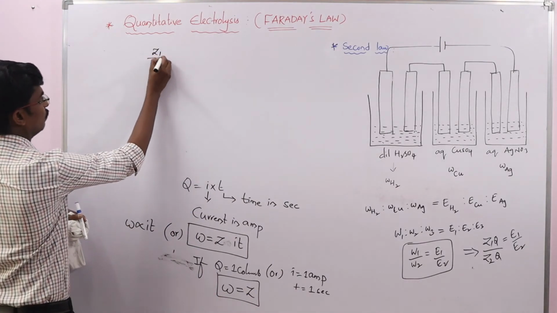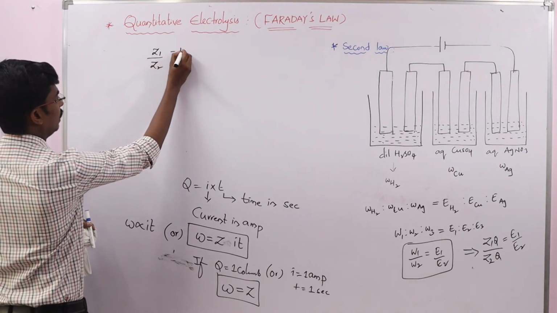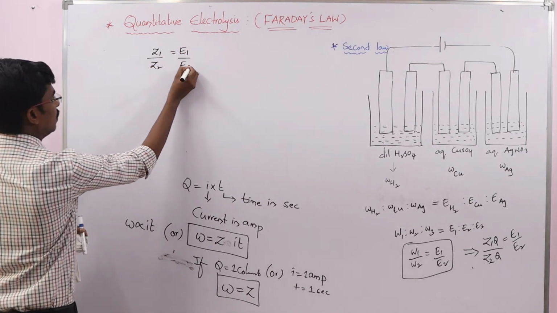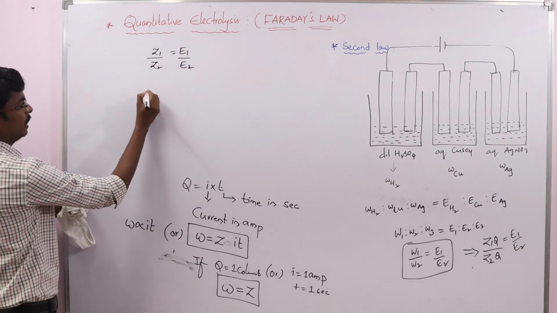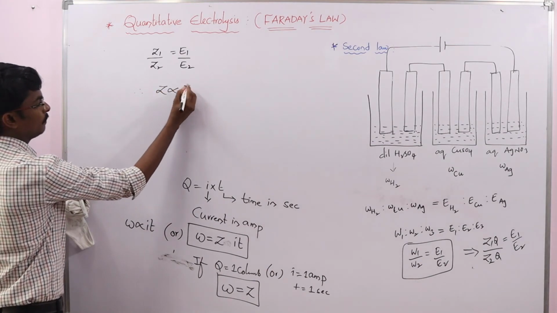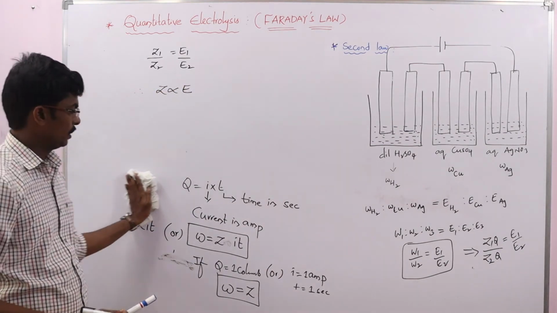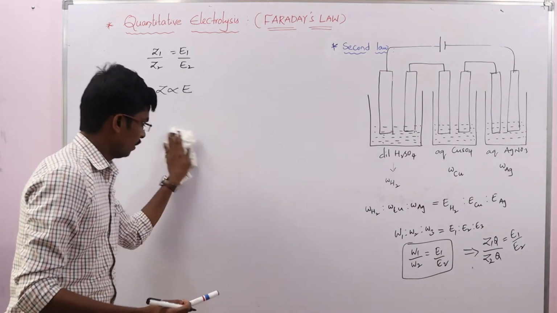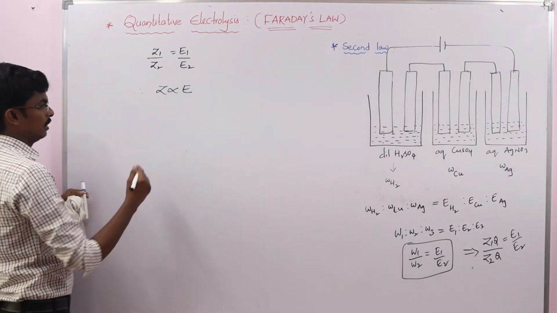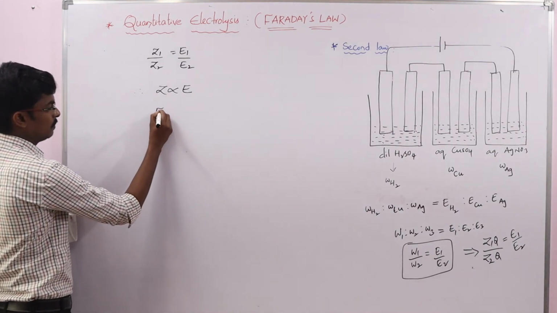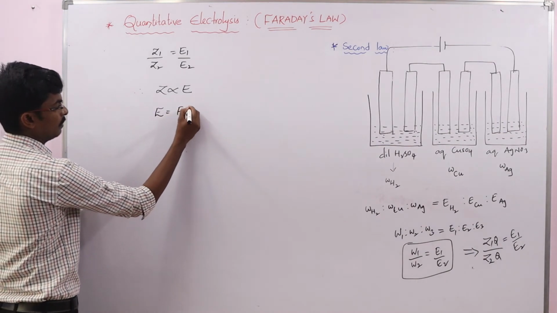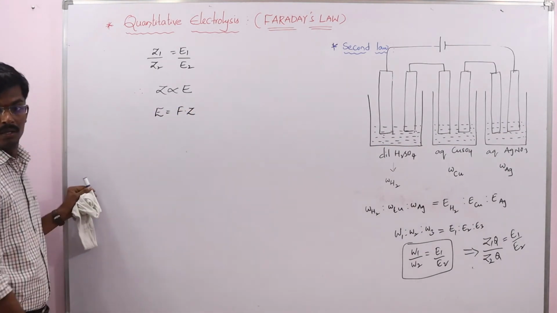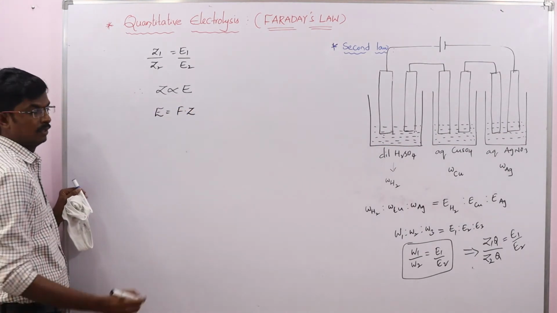That means Z is directly proportional to E. When you remove the proportionality, we show it with one more constant, so I am writing E equals F Z.